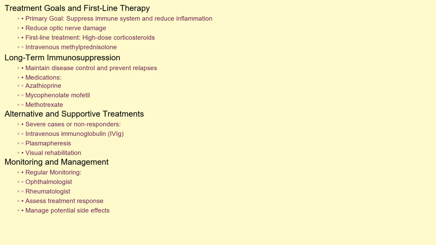In severe cases or when patients don't respond to other treatments, intravenous immunoglobulins (IVIG) or plasmapheresis may be considered. Regular monitoring by an ophthalmologist and a rheumatologist is crucial to assess treatment response and manage potential side effects of medications. Visual rehabilitation, including low vision aids and strategies, can help patients adapt to vision loss.